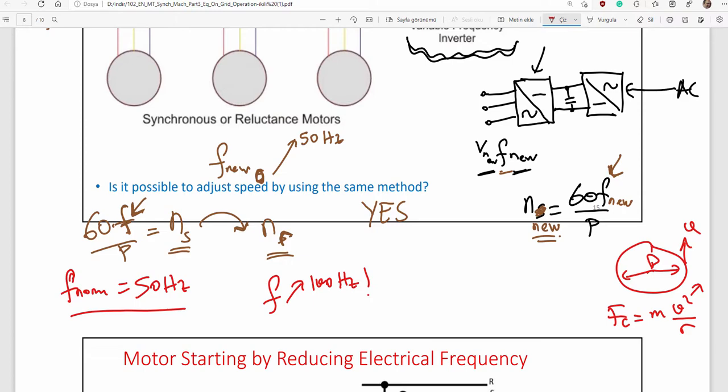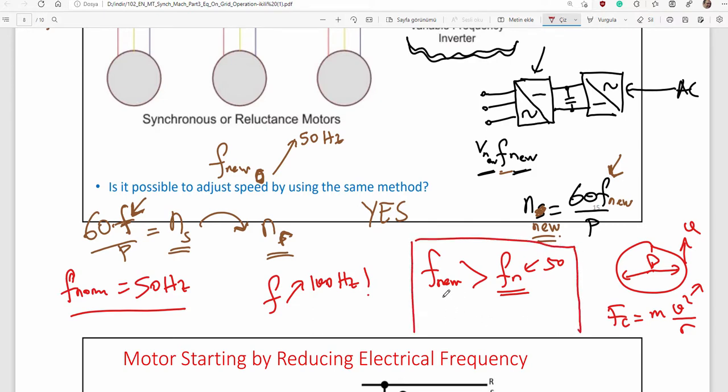That's another problem, a mechanical problem. But Houston, there is another hidden problem. If the new frequency is over the rated frequency, which is 50 here, in such a case, the voltage over frequency ratio is not kept constant.